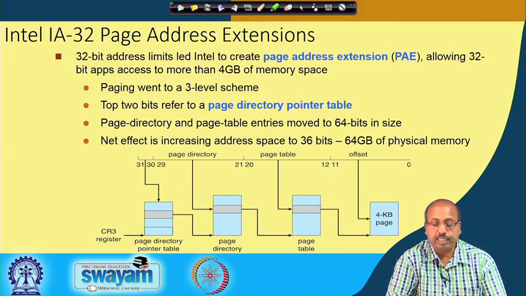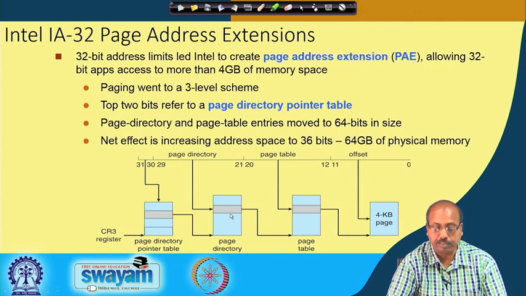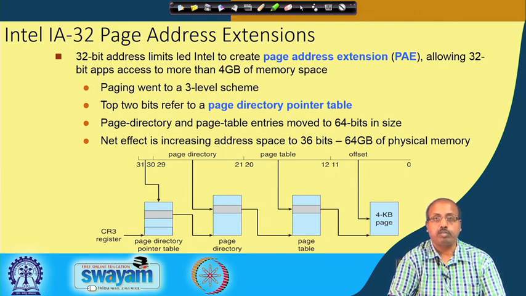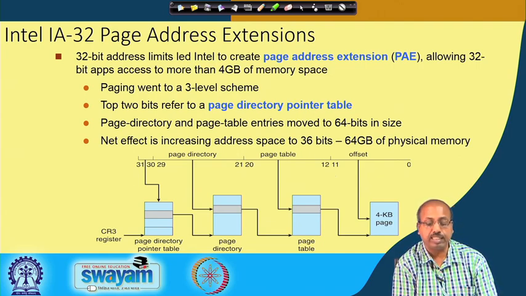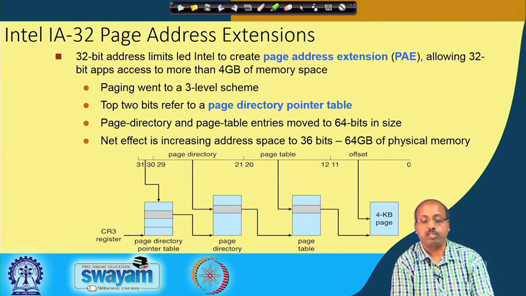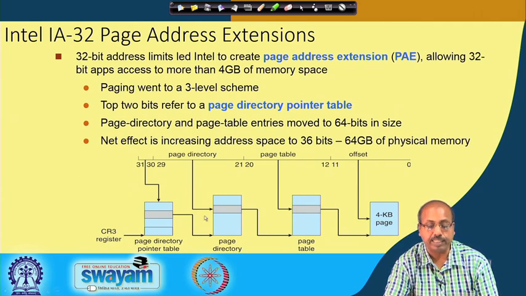So, page directory and page table entries are 64 bits in size. As a result, we can have more address space. These individual entries are 64 bits, so that is how it can have 2 to the power of a large amount of space compared to 2 to the power 32. The net effect is increasing the address space to 36 bits, that is, it can access 64 GB of physical memory by having this page directory entry.